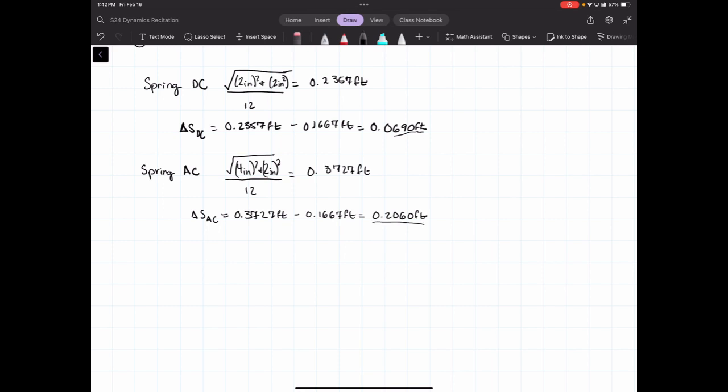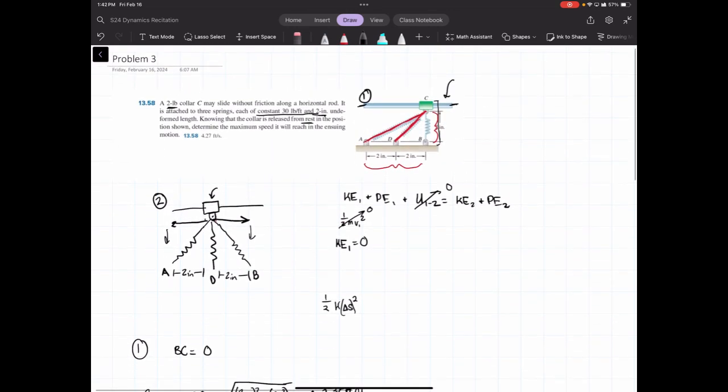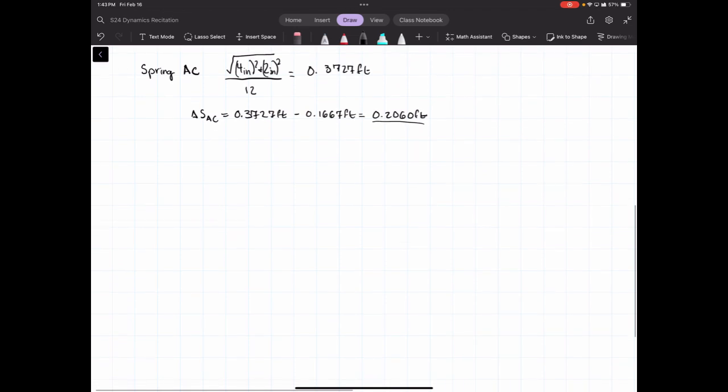Okay. So now we can find the total potential energy at point 1.